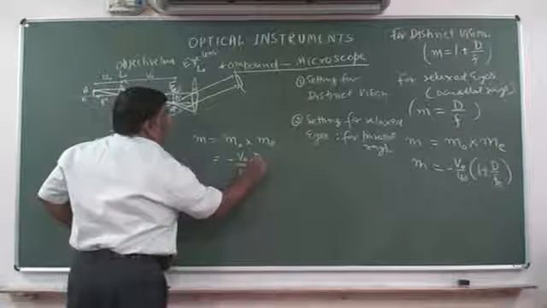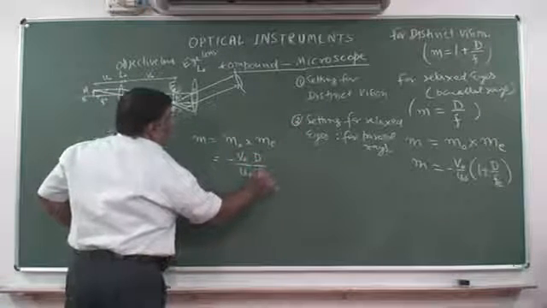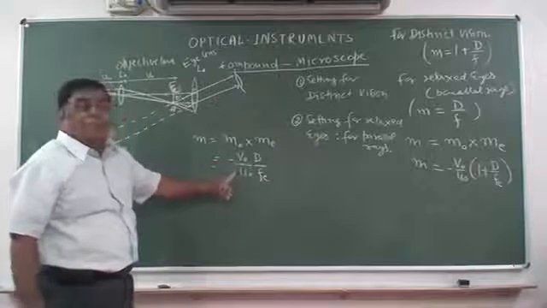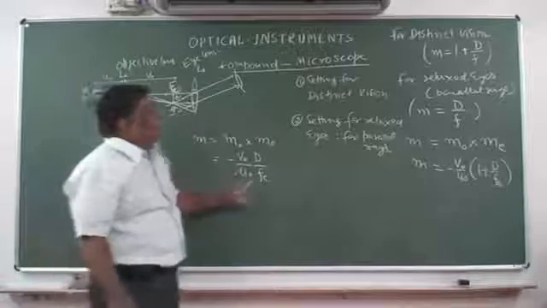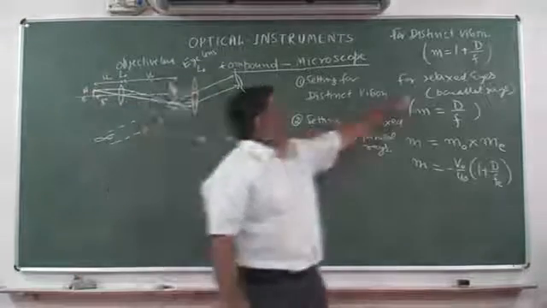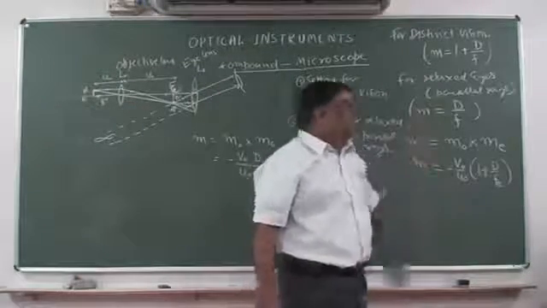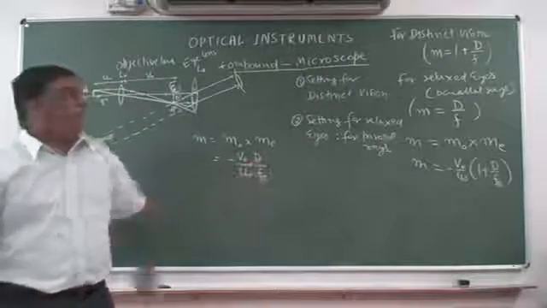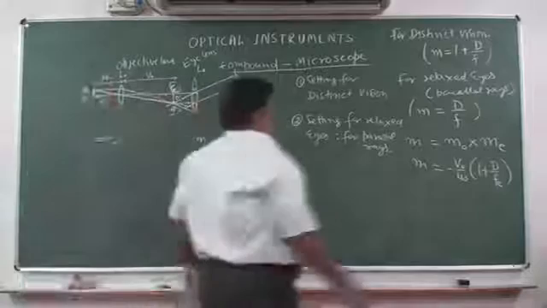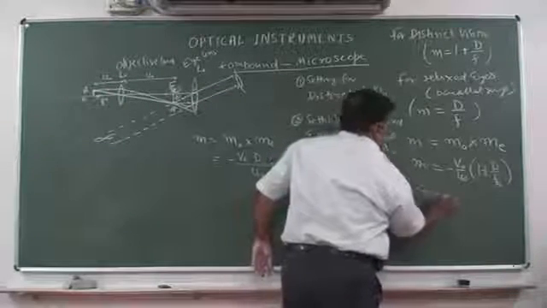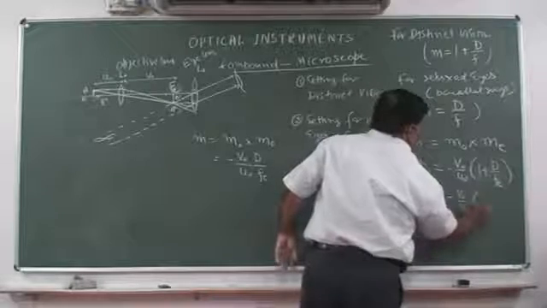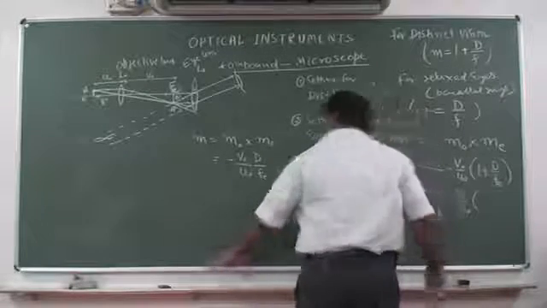Now we will use this formula. D upon F eyepiece. So this is our formula for relaxed eyes. This is slightly less because this one is not there. So the magnification will be less, but the eyes will be relaxed. So this is M equals minus V naught upon U naught, and this is D upon F.